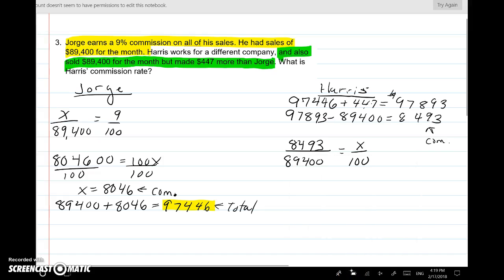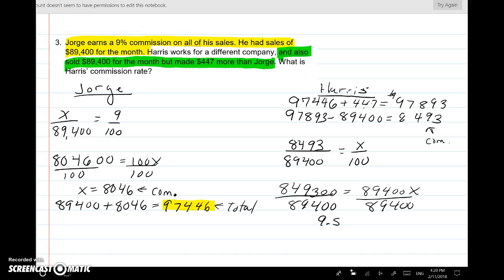So I'm going to get 849,300 equals 89,400x. Divide both sides by 89,400. And we're going to get 9.5% is the percentage of the commission.